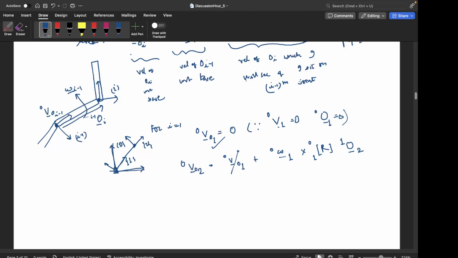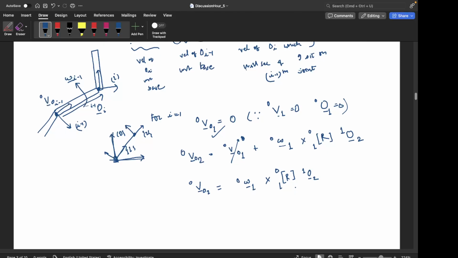Now this part is 0 because we found that in the first step of the recursion. So this is the second link's velocity expression. Similarly, if there are more links, you just keep on doing this process, right?